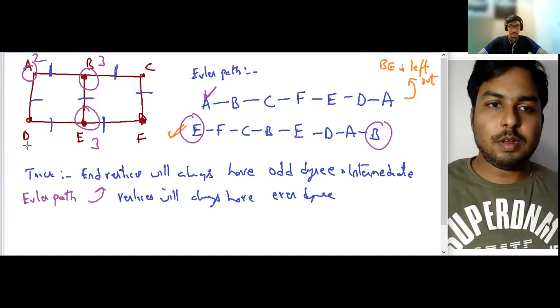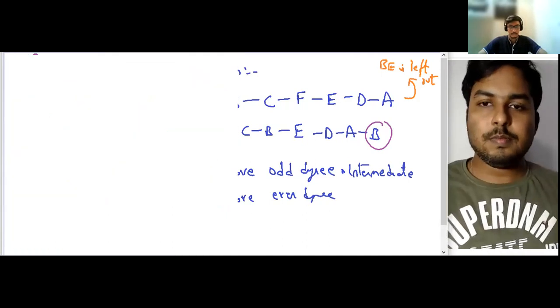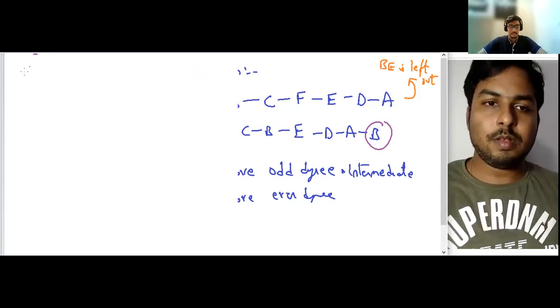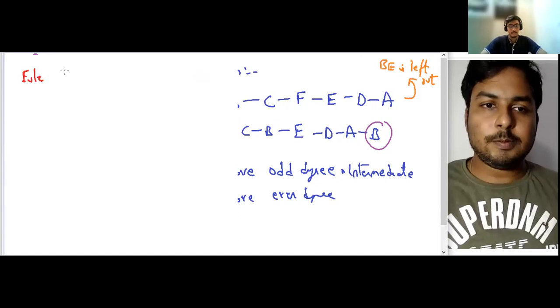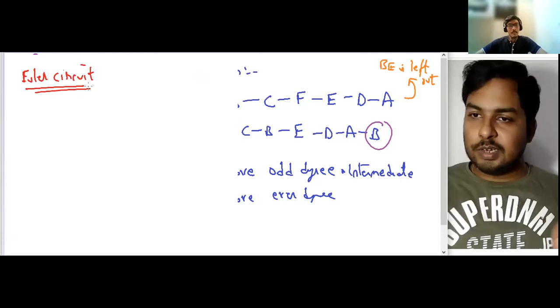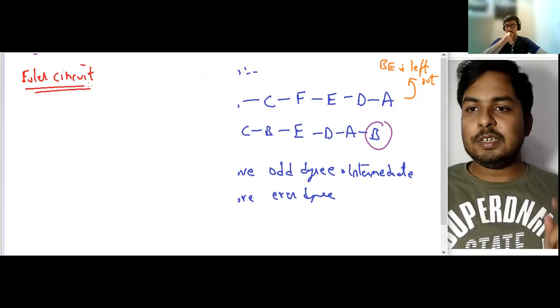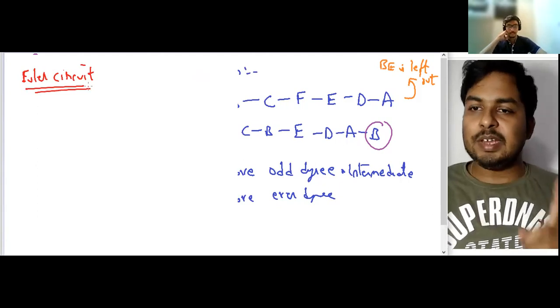Now, next one: Euler circuit. So what did we discuss so far? We discussed that an Euler path is a path which covers every edge of the graph exactly once.